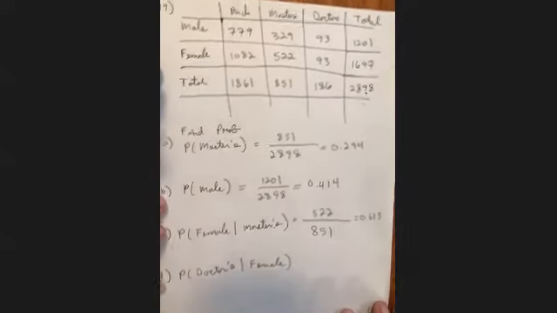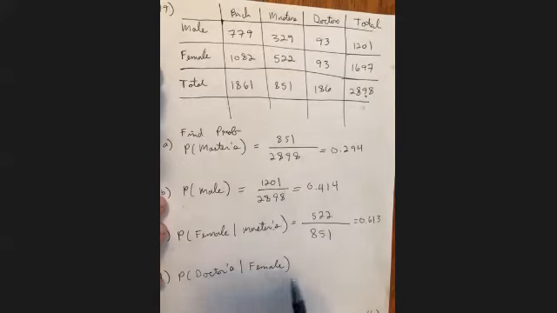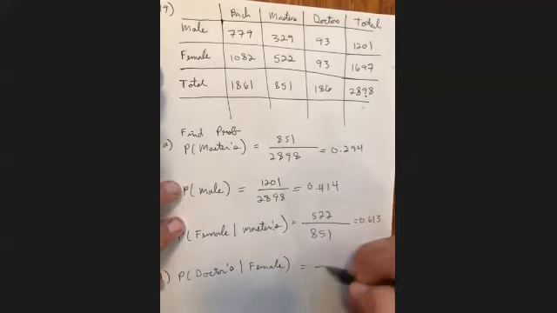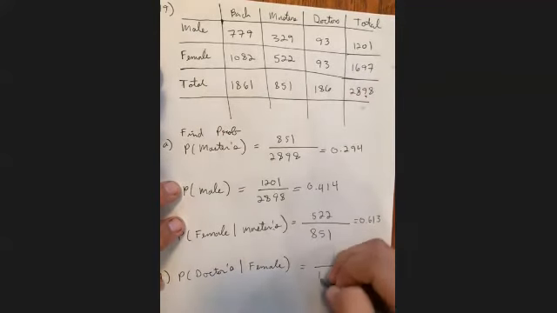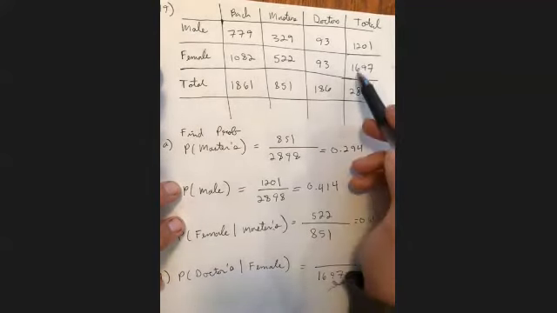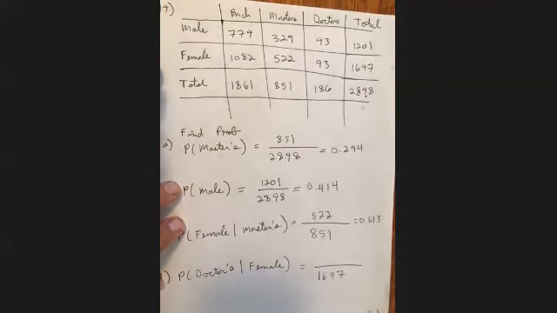Okay, so same game again. Now we're computing the probability that if we pre-sort, we put all the females into a room by themselves, and then we walk into that room and we select someone at random, what's the likelihood that they have a doctor's degree? So how many people are in that room? It's all the females that we surveyed, which is 1,697. That's the grand total of women.